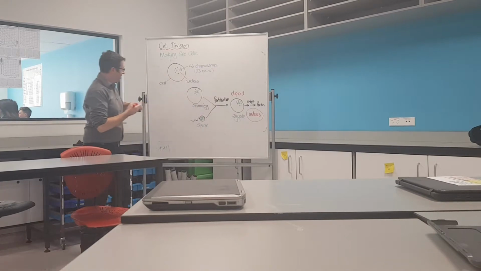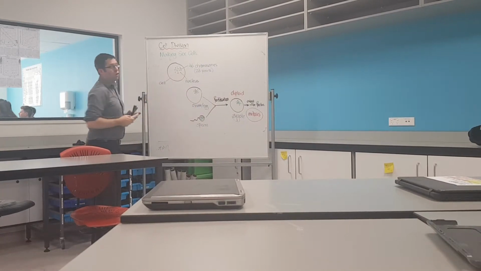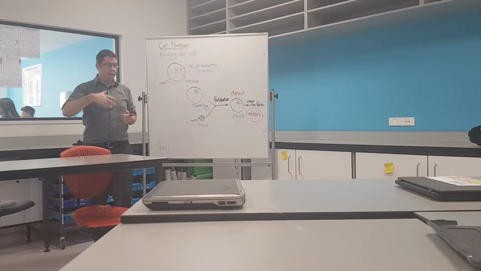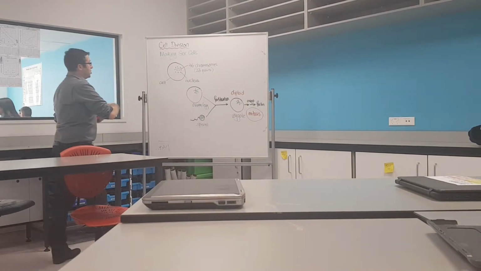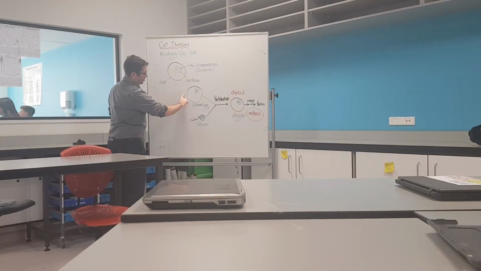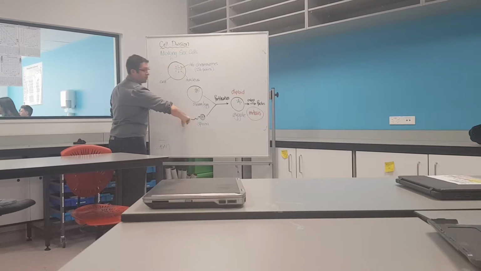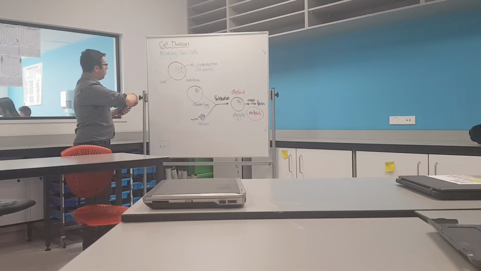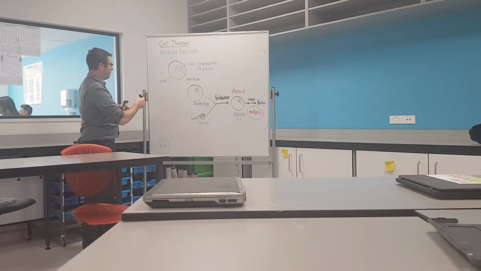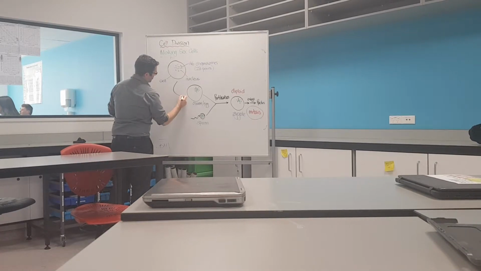But to make these, we actually start with a normal cell in our reproductive system being turned into, if you're a girl, an egg, or a boy being turned into sperm. So what we have to have is a different type of cell division for these two.